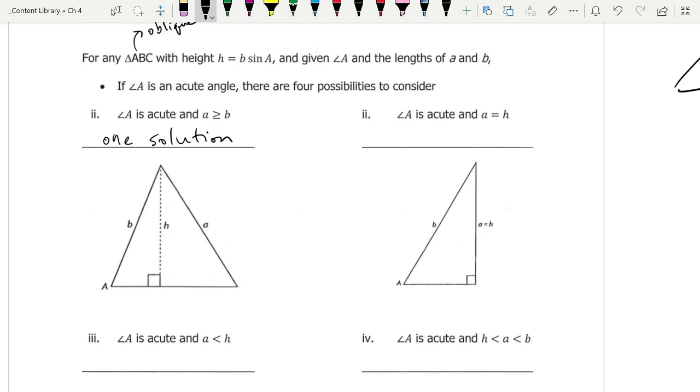If it turns out that this opposite side A is exactly equal to what the height would have been, then I have one solution. This one solution is a right triangle. In other words, the opposite side A that they give me is just long enough to make it to the bottom line C. We saw that in our activity when we had a 30-degree angle.